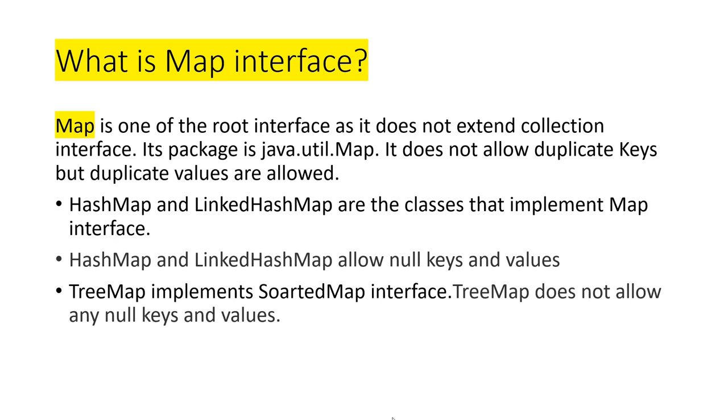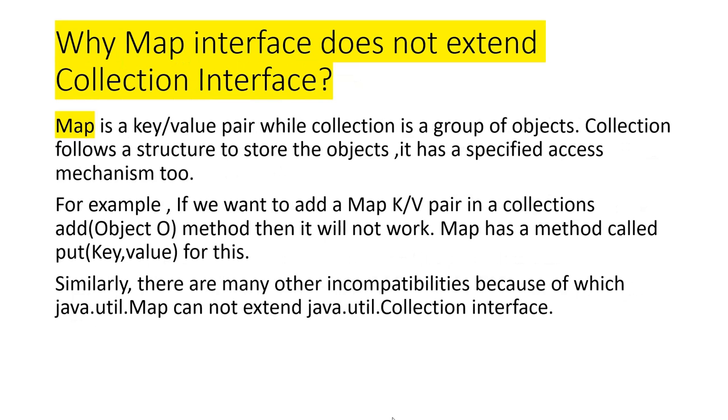The classes that implement the map interface are hash map and linked hash map. Both of them allow null keys and null values. Tree map implements the sorted map interface and it does not allow any null key or value in it. So this is the map interface. This is just an overview of it.